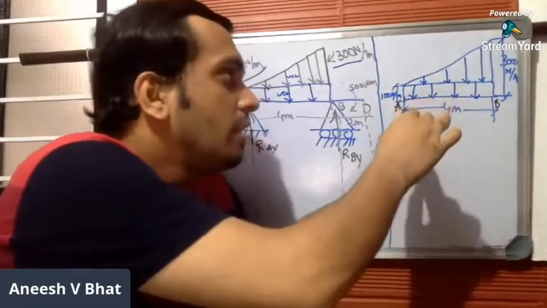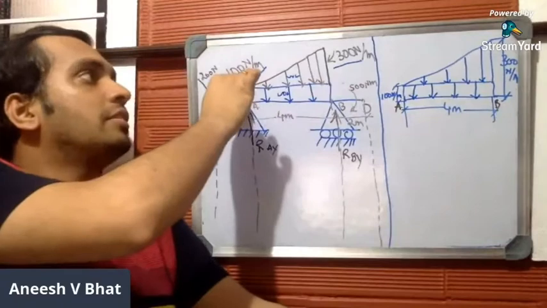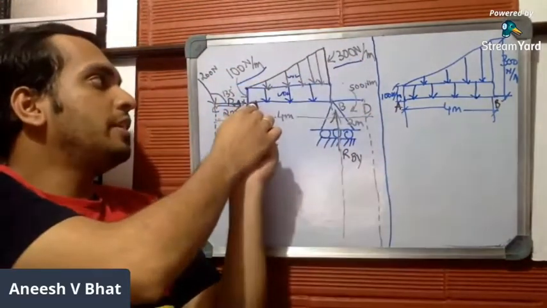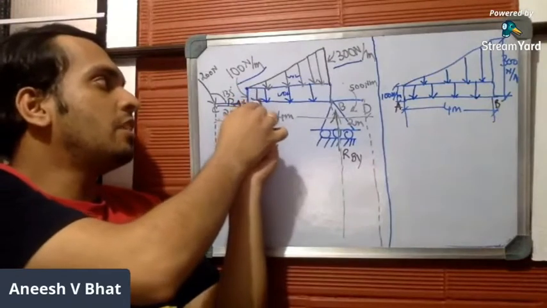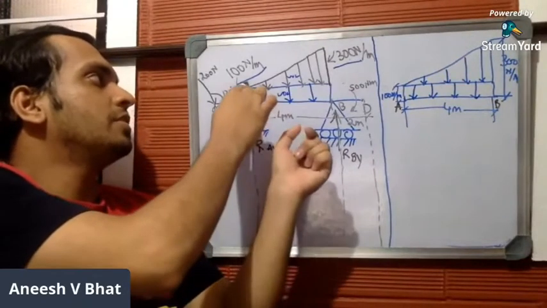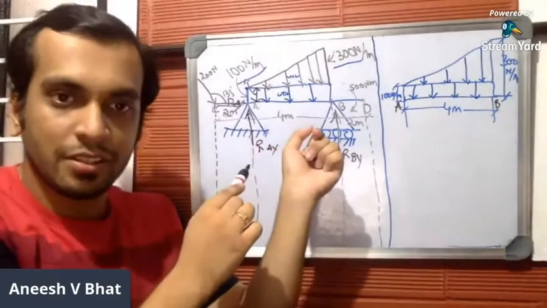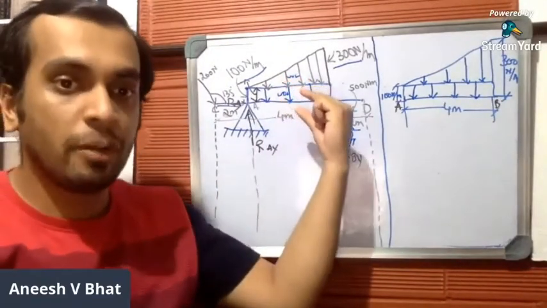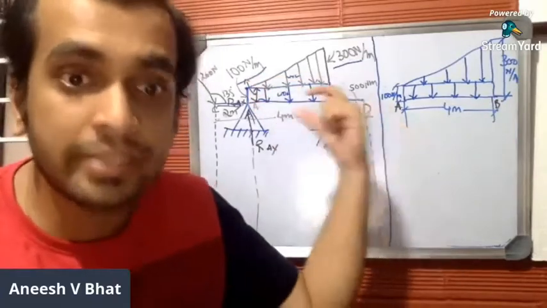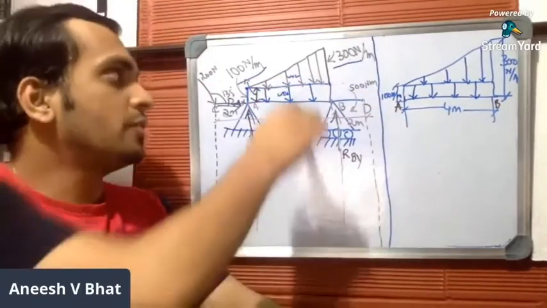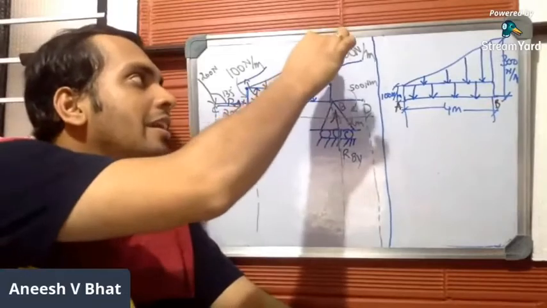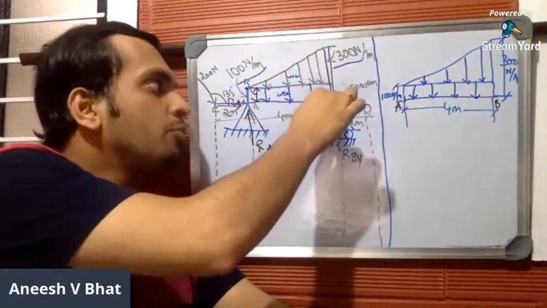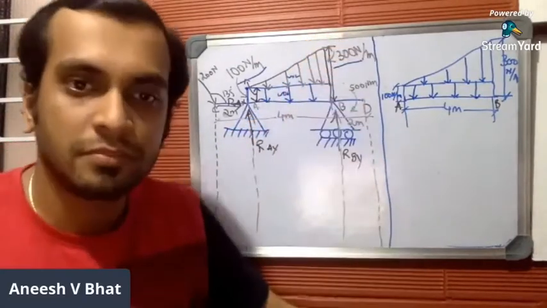Now, the meaning of the rate of load distribution is in this way. This part from here to here is 100, the lower one. The rate of load distribution of UDL, the lower part, is 100, and 300 is the entire rate of load distribution from this point to the lowermost point.